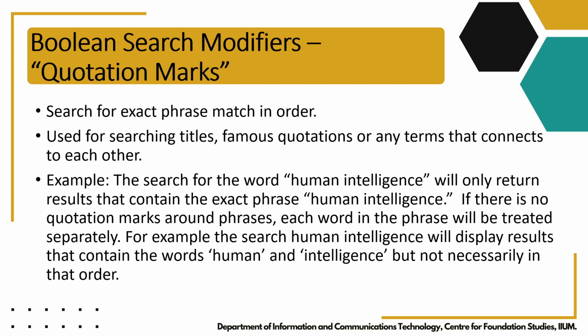For example, if you were searching for information about artificial intelligence, using quotation marks would ensure that the search results include that specific phrase rather than individual occurrences of the words artificial and intelligence scattered throughout the text.